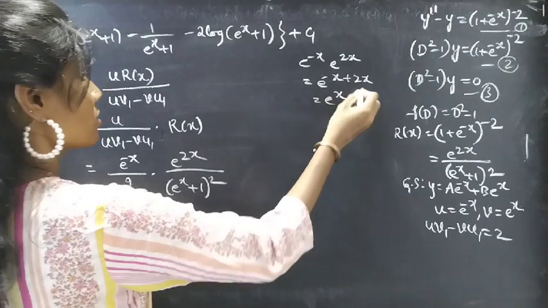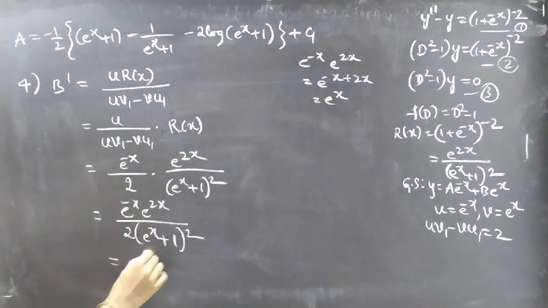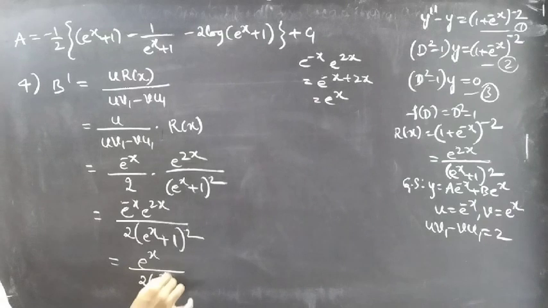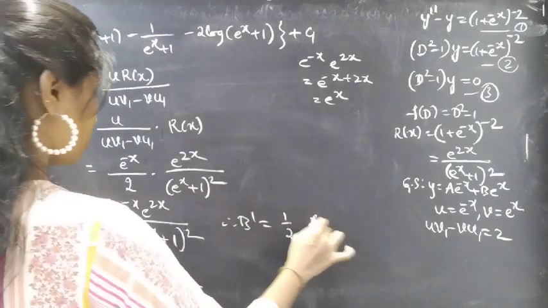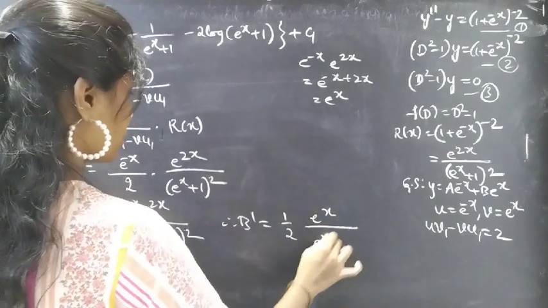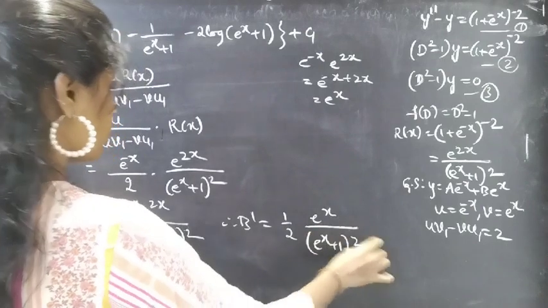Since 2x minus x is x, you'll get e power x. Just replace the numerator with e power x by 2 times e power x plus 1 whole square. Therefore, b dash equals 1 by 2 into e power x by e power x plus 1 whole square.